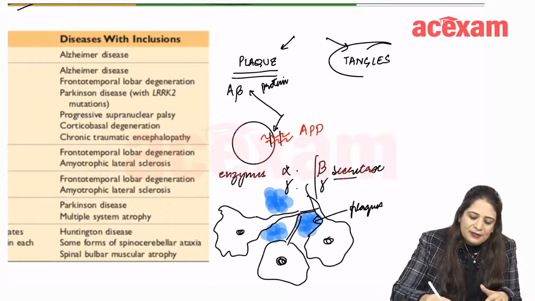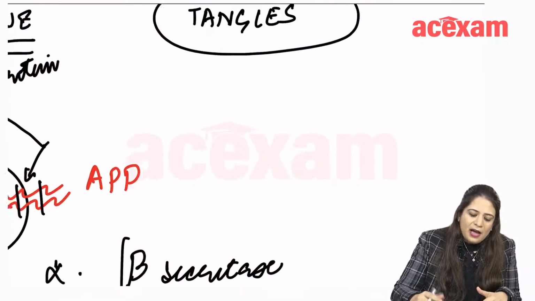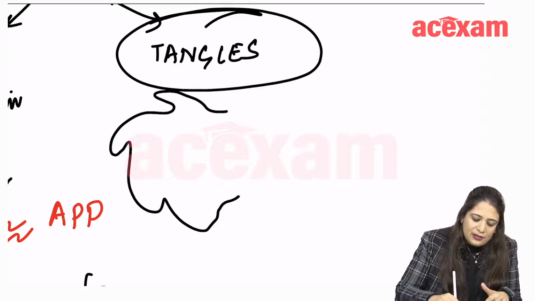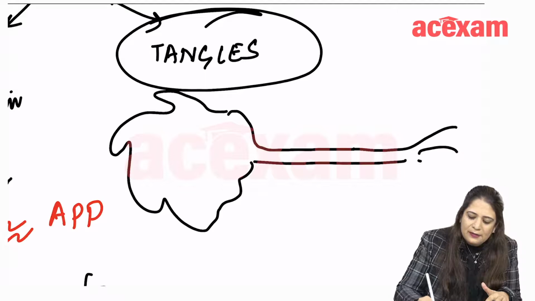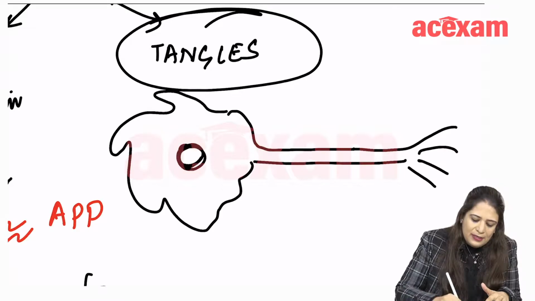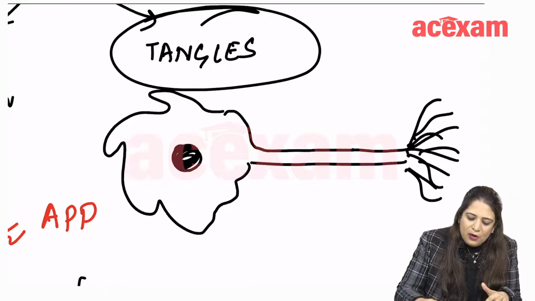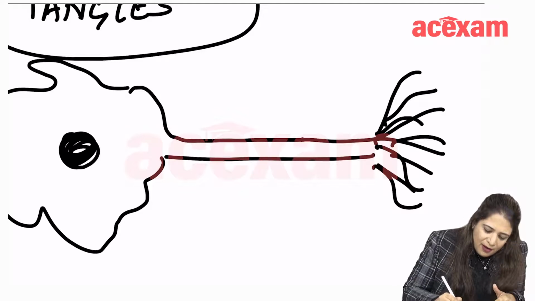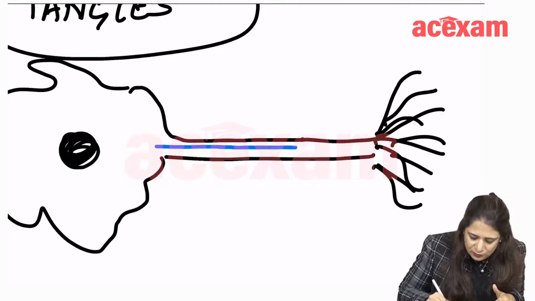Then what are tangles? Tangles are seen intracytoplasmically, intracellularly. Suppose this is a neuron, right? It has a cell body and then it has dendrites. Now within the axons are microtubules.